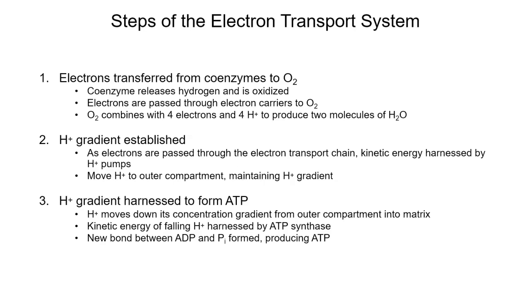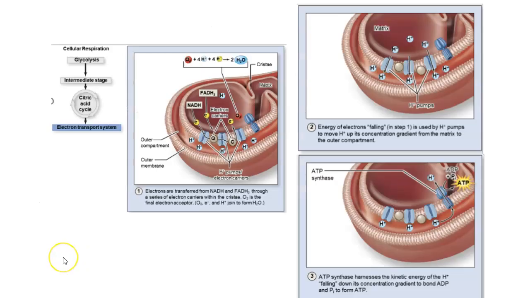The kinetic energy of the falling hydrogen ions is harnessed by the enzyme to form a new bond between existing ADP and phosphates, hooking those phosphates onto the ADP, and now we have produced ATP. This image gives you a graphical representation of the electron transport chain.